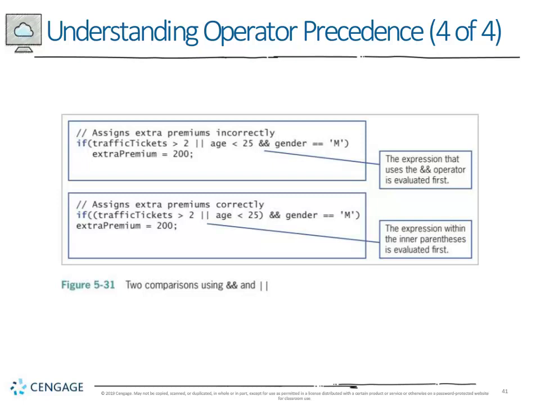So we should use parentheses like the second code segment. So we use parentheses to enclose traffic tickets greater than 2 or age less than 25. So this expression within the inner parentheses will be evaluated first.